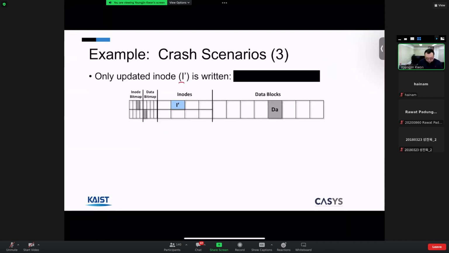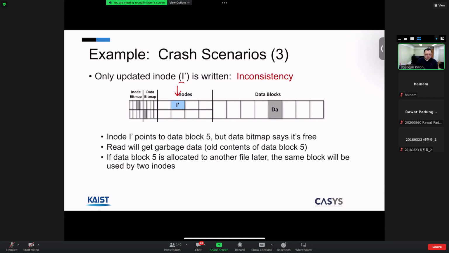Second, the updated inode is written. Okay or inconsistent? What are the cases of inconsistency? First, inode I is pointing to data block 5, but this is garbage. So when reading this inode, you read garbage data.